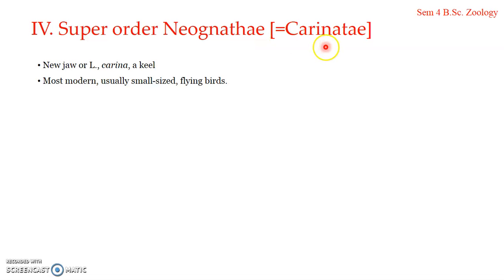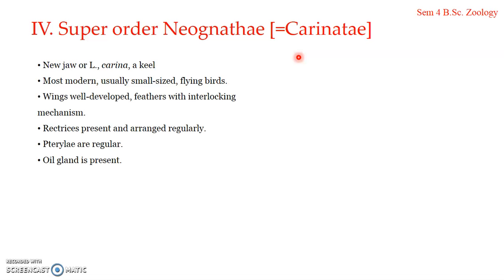Then Carinae, carina means keel. So these groups have the keel sternum, very essential for the flying habit. They all include the modern small-sized flying birds. Wings are well developed with feathers, the remiges, and these feathers are provided with an interlocking mechanism, which is an adaptation for flight.